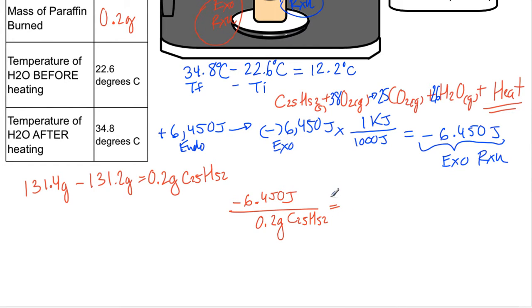What you get when you divide that number is negative 16.125 kilojoules for every 1 gram of C25H52. And then we need to just compare that. I'm going to erase this. My apologies if you saw me write joules and you're a little confused. That is kilojoules, as we said a moment ago.